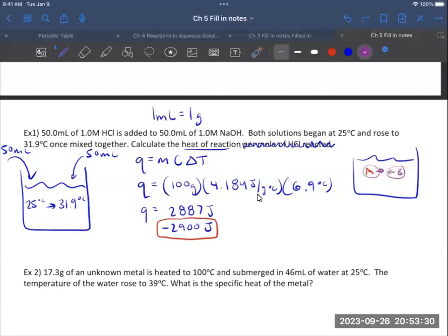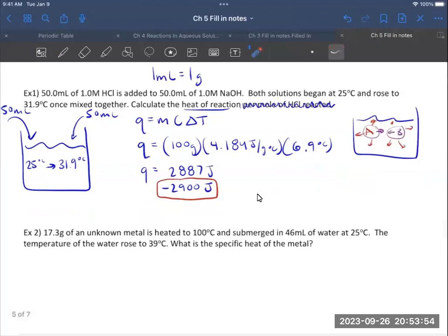And when they reacted, what did they do? They released heat to their environment, which in this case is the surroundings, the water. So heat was released by the chemical reaction and the heat was absorbed into the water. And that's the temperature change that we noticed. We saw the water temperature rise. So that means our chemical reaction released heat energy. Okay, so there you guys go.